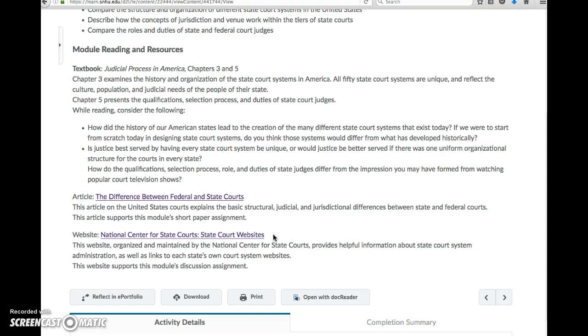All right. Let's say, for example, you're involved in a civil suit against somebody. And let's say that in your court structure, Court X has jurisdiction over civil cases up to $10,000.